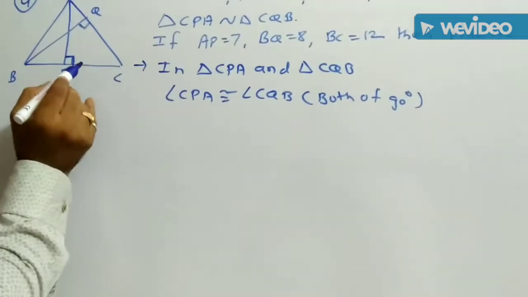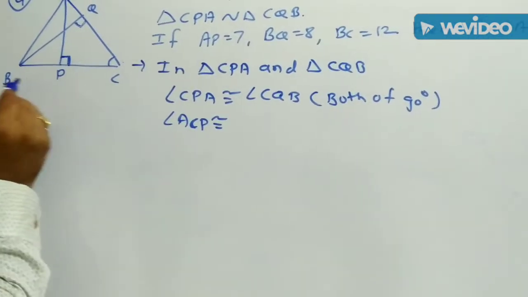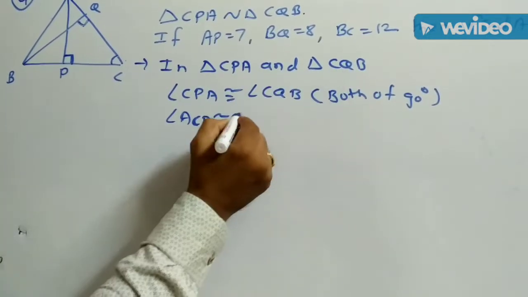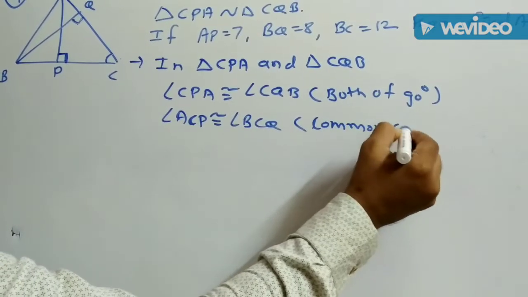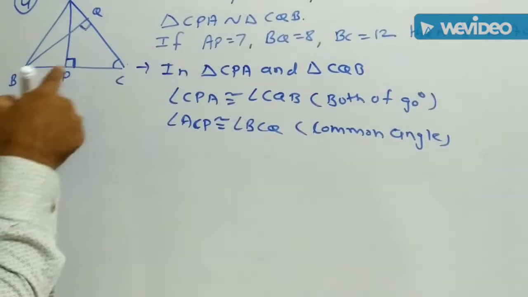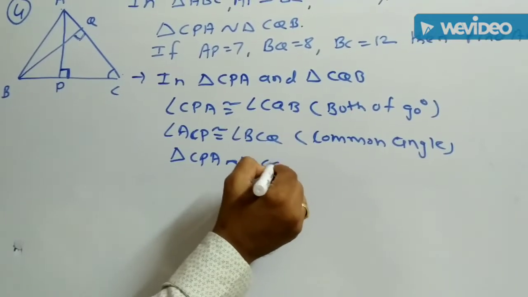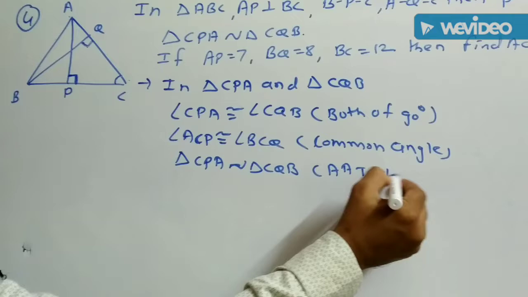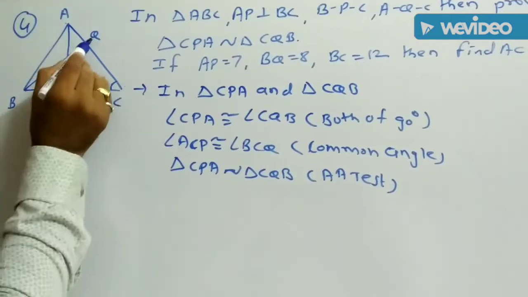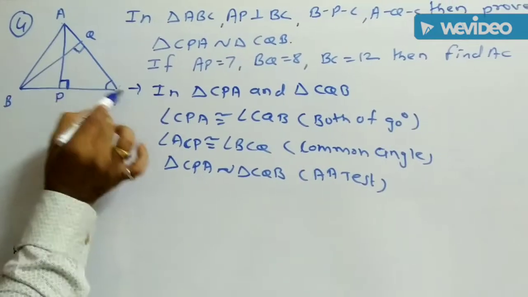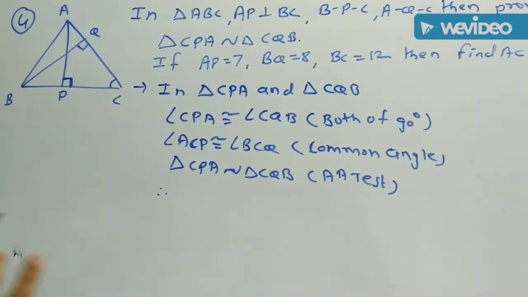Then in both the triangles, angle ACP and angle BCQ are common angles, and therefore angle ACP is congruent to angle BCQ because common angle, and therefore both the triangles are similar by AA test because two angles of each triangle are congruent to each other.